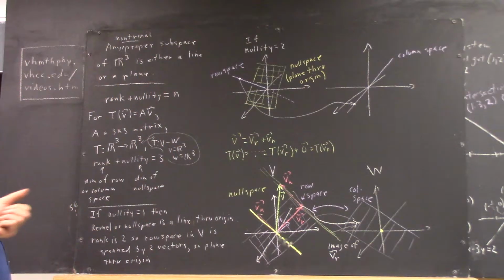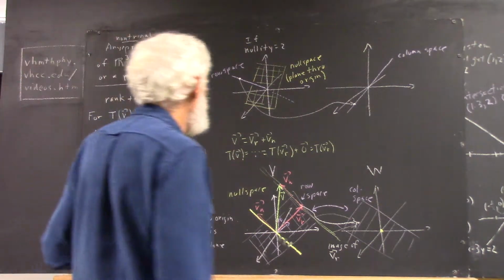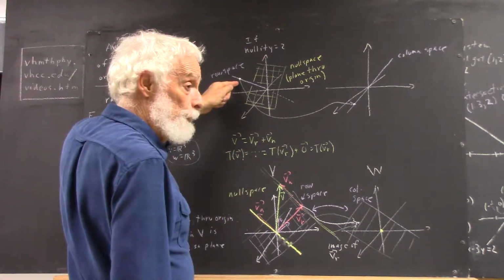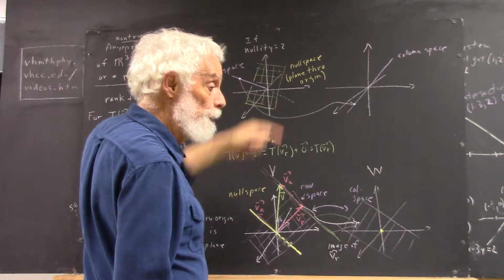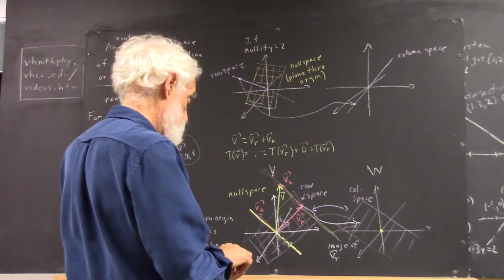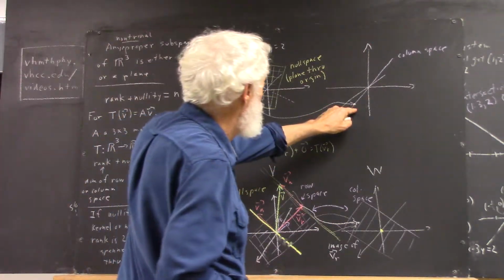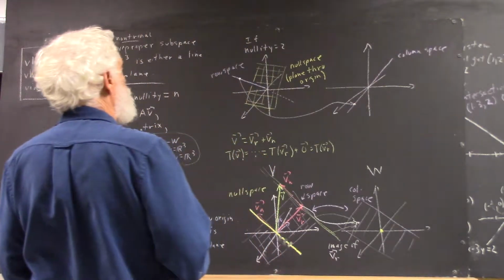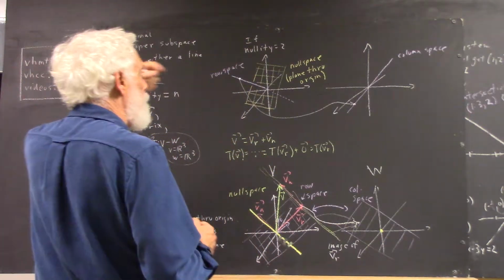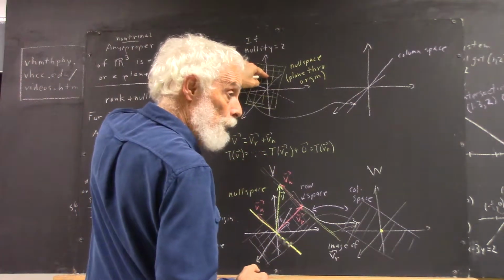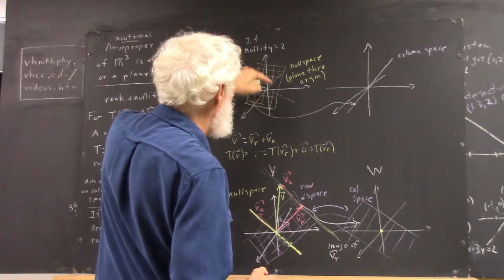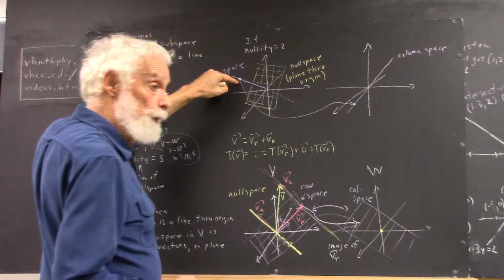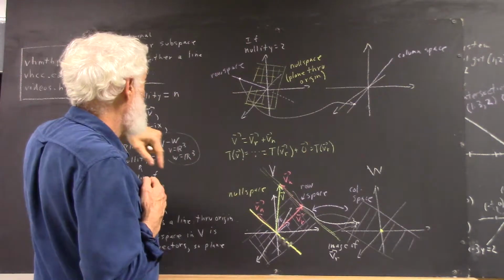Then any point that you can get to from this point by a vector in the null space will also map here. So you have a whole plane parallel to the null space plane, but not through the origin, through this point, okay?